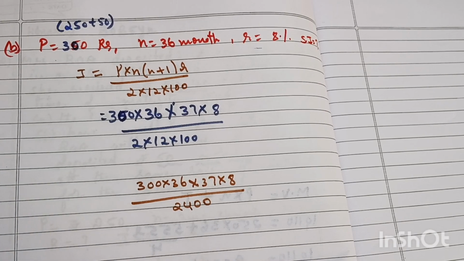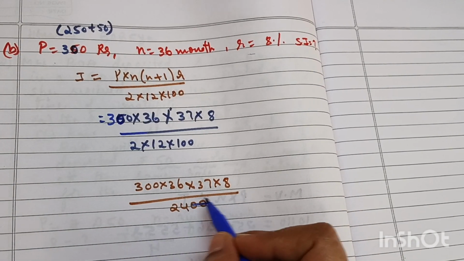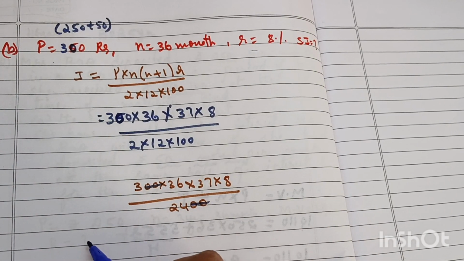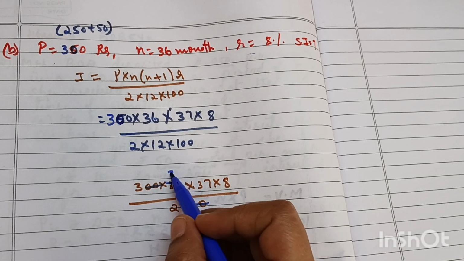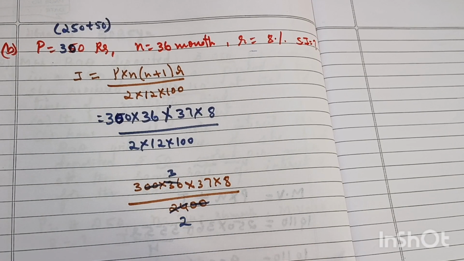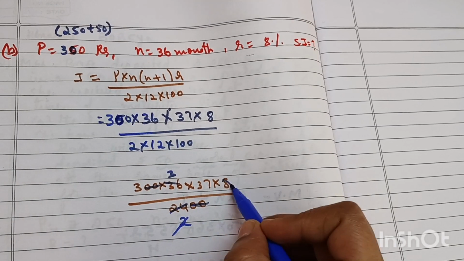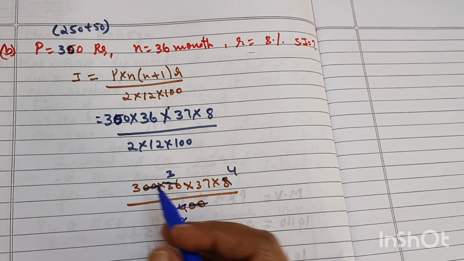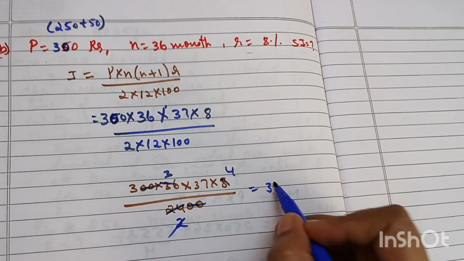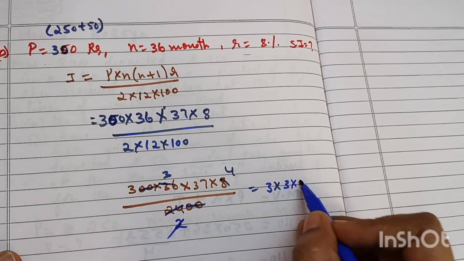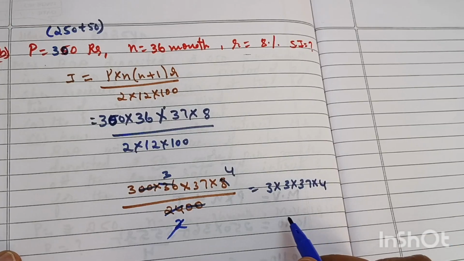Okay, now we can cancel. 12 3s are 36, 12 2s are 24, 2 4s are 8. So 3 into 3 into 37 into 4.